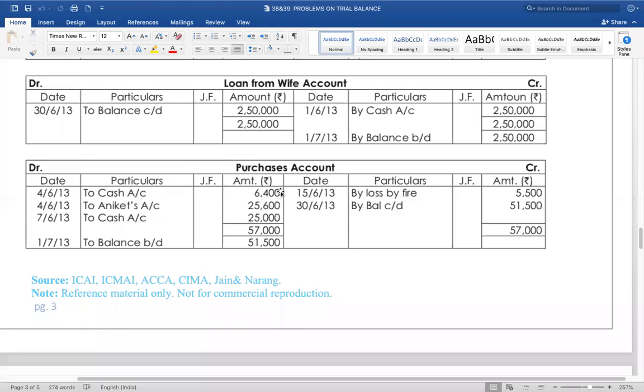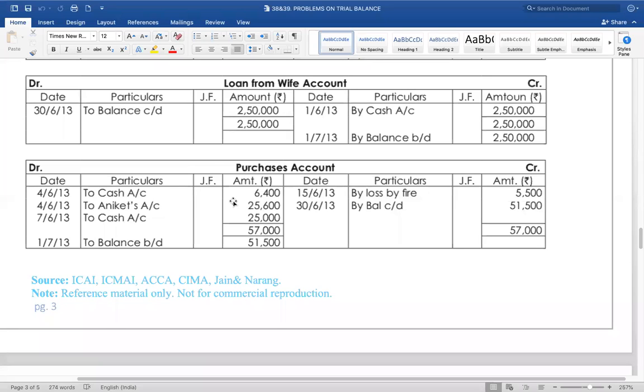Another amount is also spent for purchase, 25,000 by paying cash.